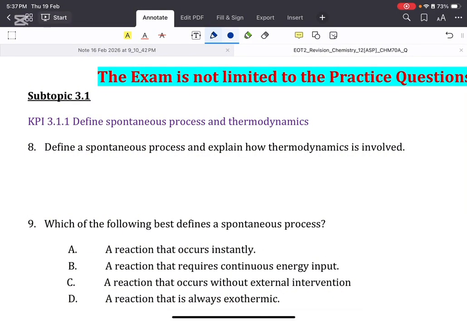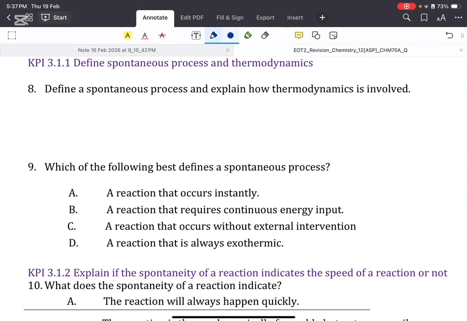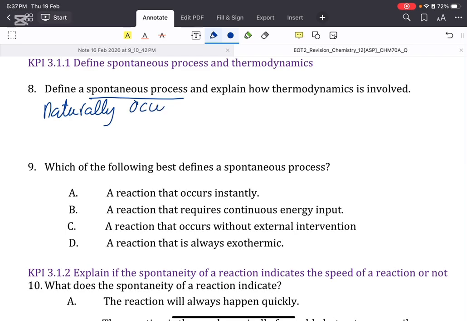On to subtopic 3.1, which is thermodynamics. Define a spontaneous process and explain how thermodynamics is involved. A spontaneous process is a process that can naturally occur by itself, without any outside intervention.